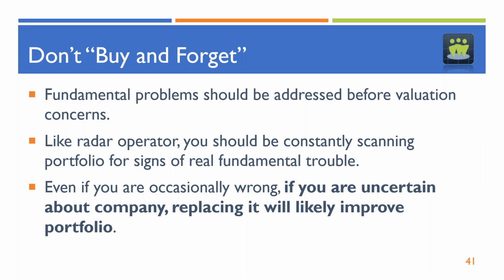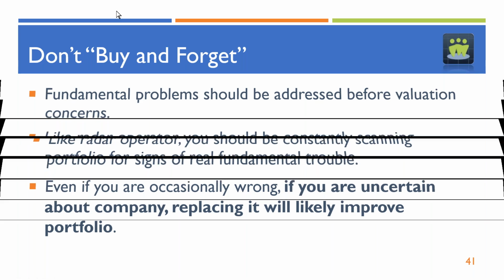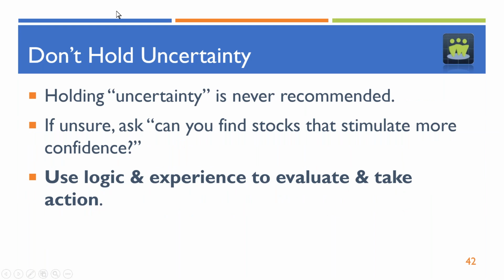You're never going to be completely correct in all of your calls, but if you are uncertain about your company, replacing it may be a better idea than you want to admit. I have a big beef with clubs who hold stocks and investors who hold stocks that are not performing well, and when you talk about them, they say, I just don't know what to do.